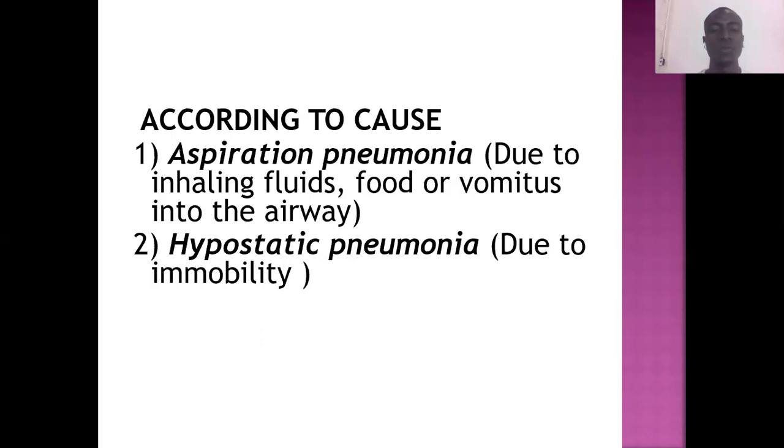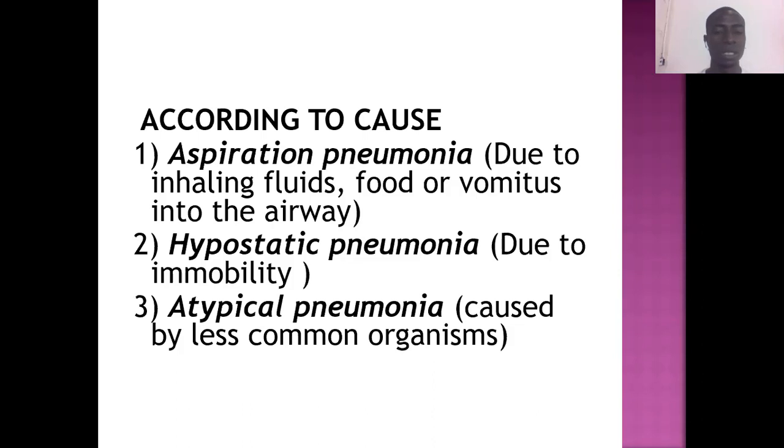The client is not moving, especially when the client is unconscious, they can end up having hypostatic pneumonia. We also have atypical pneumonia, which is caused by less common organisms.